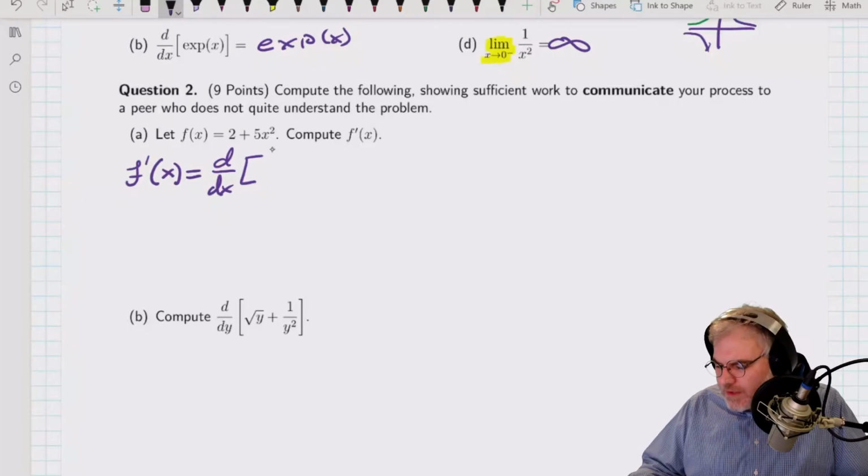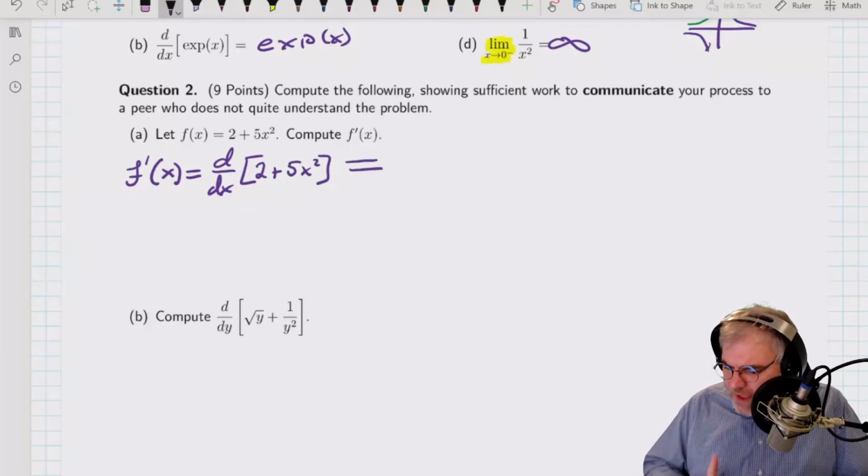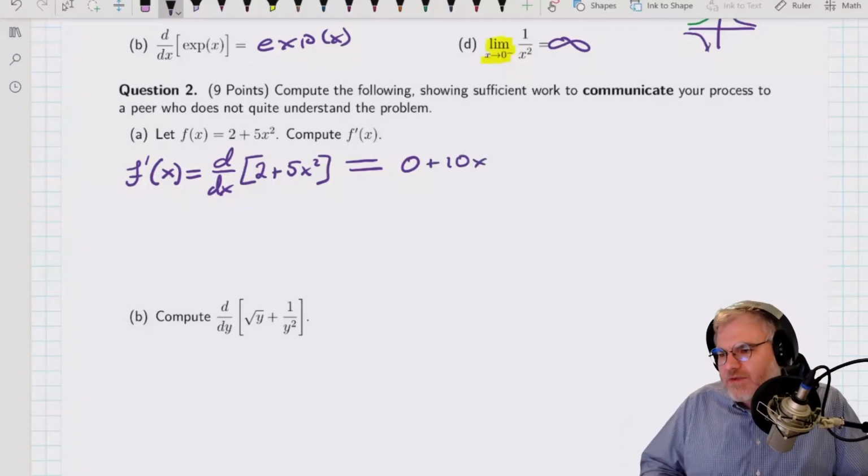So now what we're going to do is take the derivative of 2 plus 5x squared. Now, the first way is the absolute minimal. So this is the minimal way to do it in purple here. The minimal thing I need to say is 0 plus 10x. If it's a polynomial, no one's going to criticize you for not having intermediate steps.